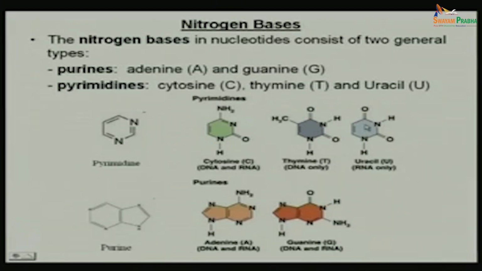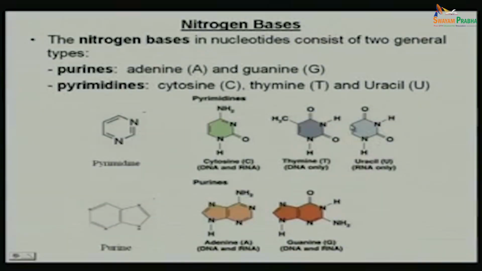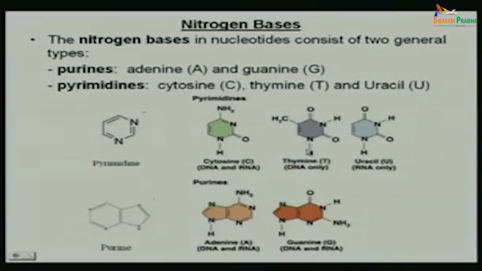In other words, methyl-containing uracil is thymine, or demethylated thymine is uracil. So, these are the structural differences, and thymine is present in DNA, while in RNA thymine is substituted with uracil, that is U.